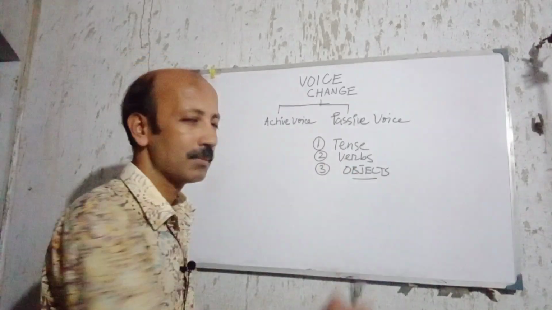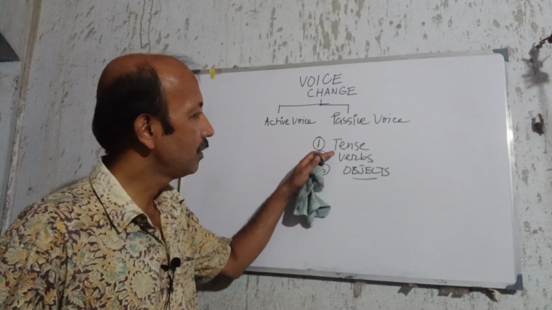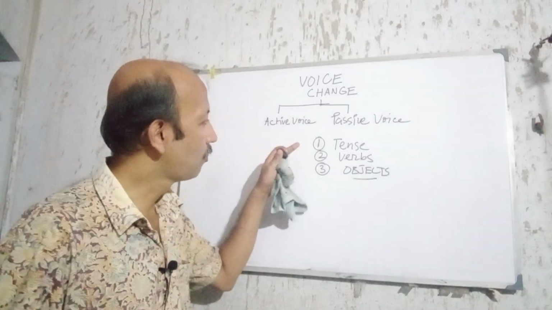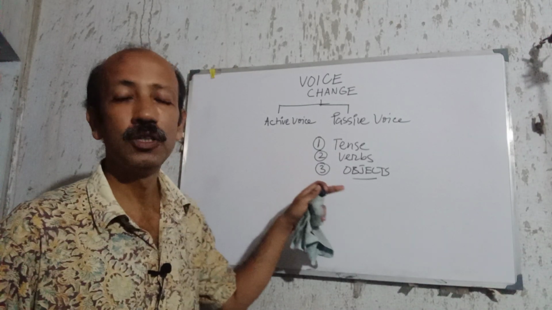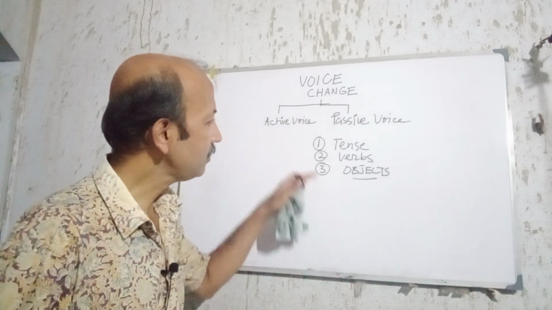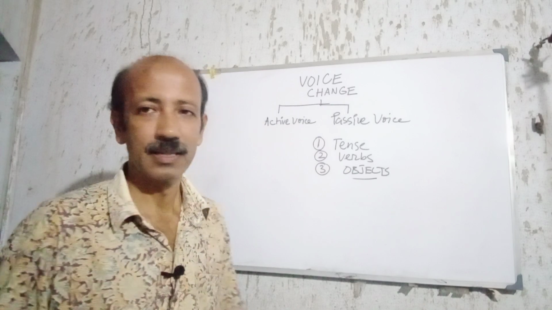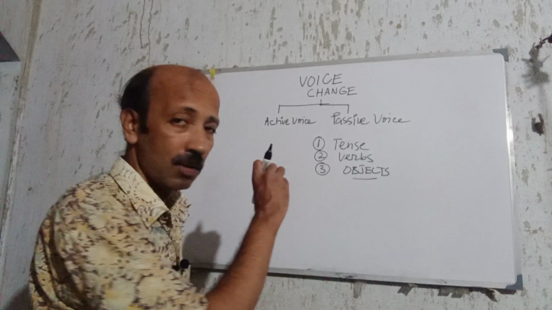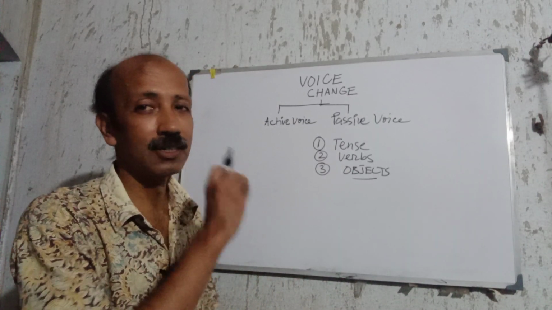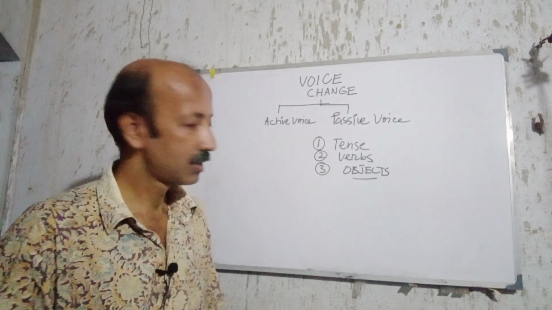I will not discuss the objects in detail. So, three important things that we should take into our consideration: number one, tense; number two, verbs; and number three, object. You should have a clear knowledge of the three items.